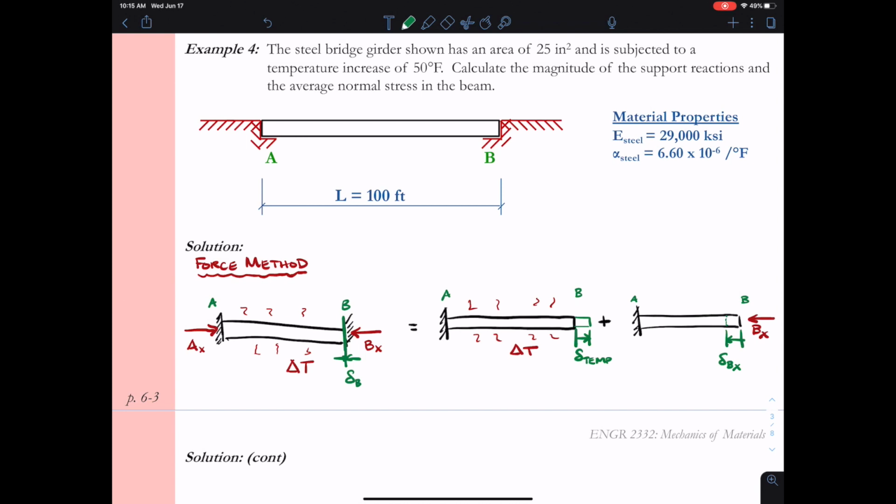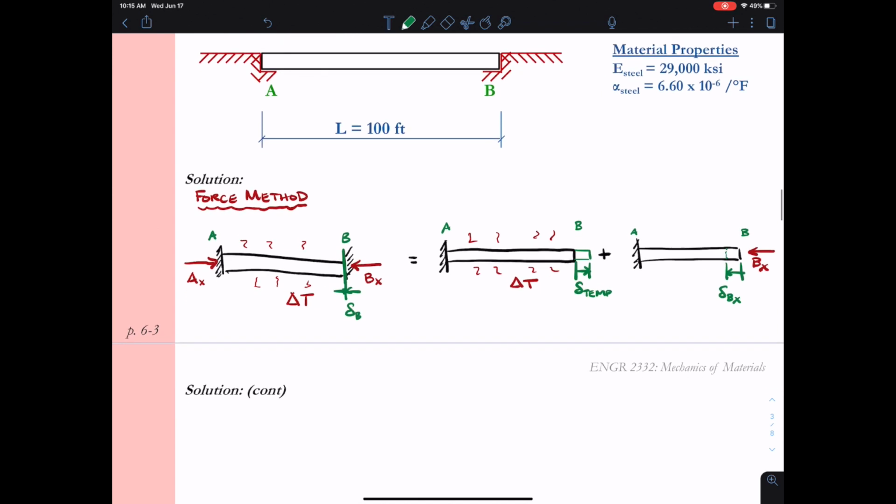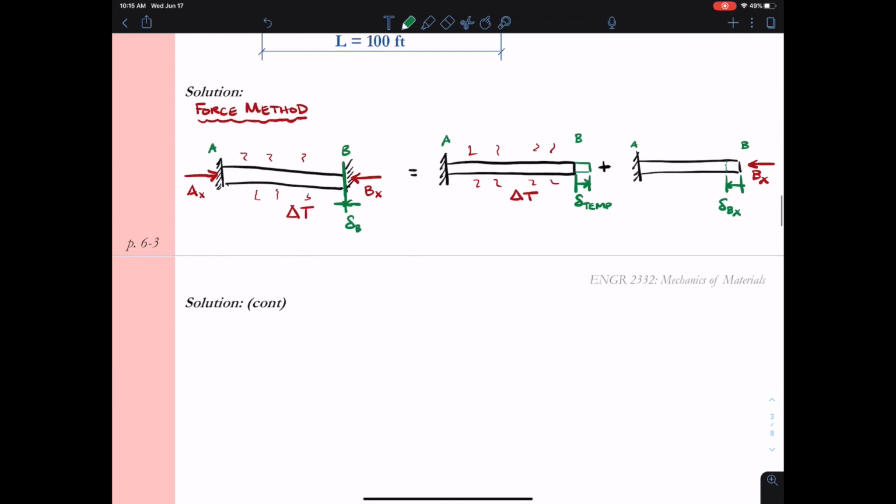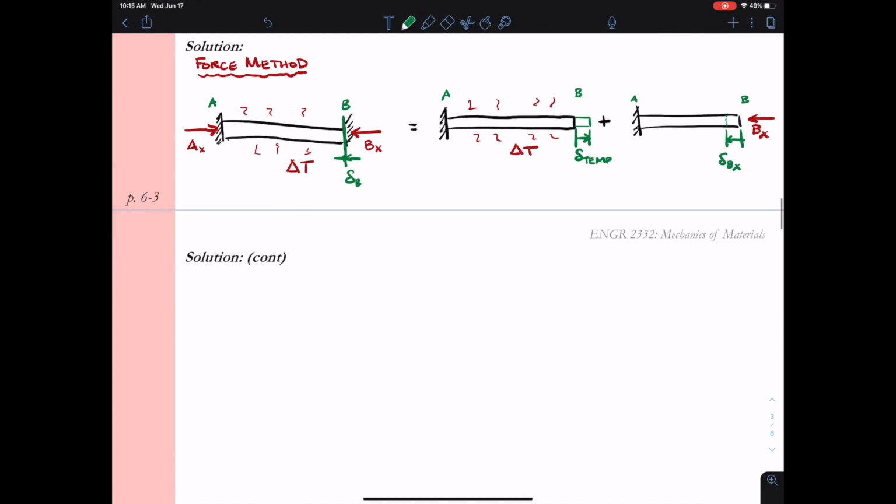And together, those two deflections, delta temp plus delta Bx, have to equal my original deflection at B, delta B. And in this case, since there is no gap between point B and the wall, delta B will equal 0.